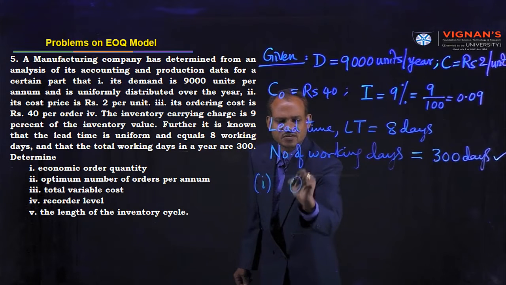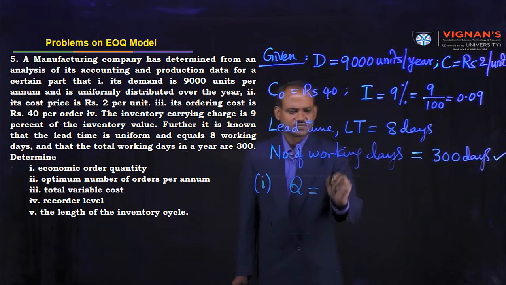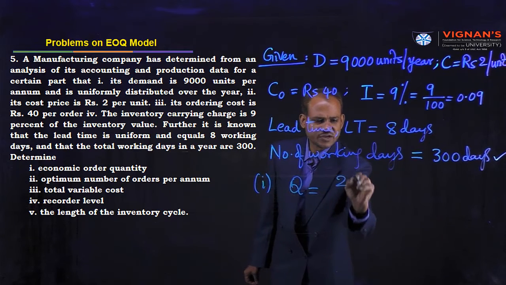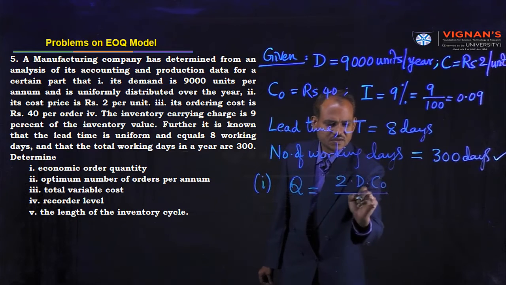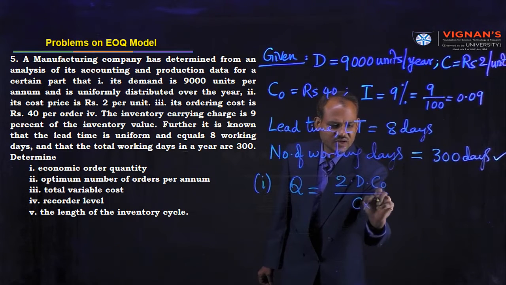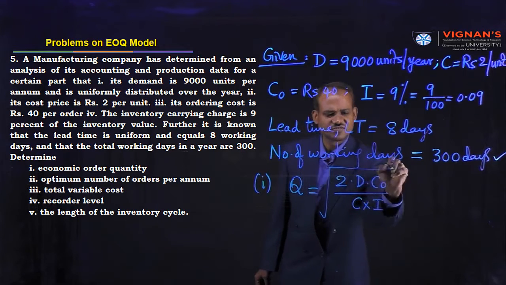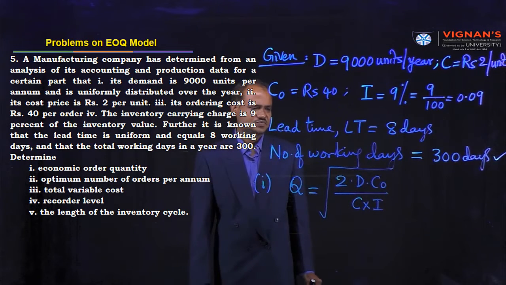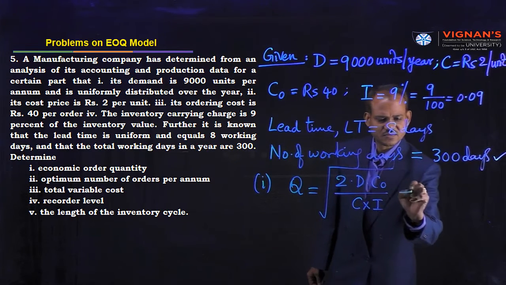Everybody knows the EOQ formula. Q is equal to the square root of 2 into D into C naught divided by C into I, in terms of the holding cost, C value given. That's why I am writing this formula. Substitute all the given values.